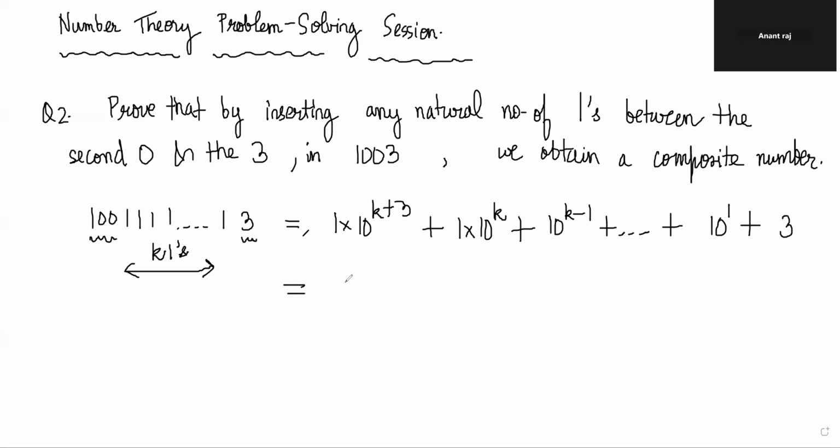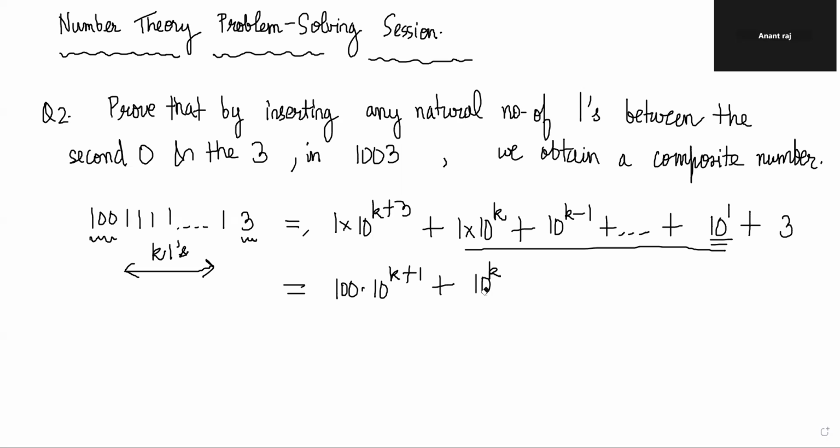So we can think of this as 100 into 10 to the power k plus 1 plus 10 to the power k. This is a GP. There are how many terms? K terms. Our first term is 10, right? Yes, sir.